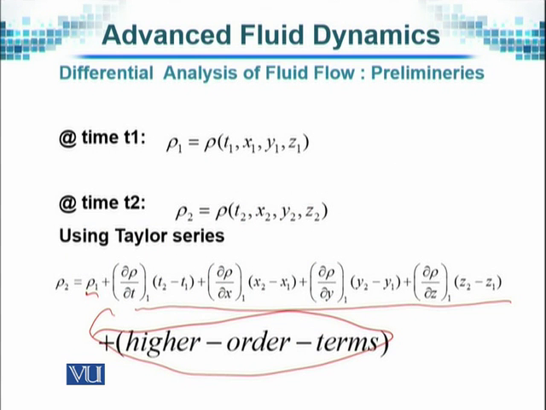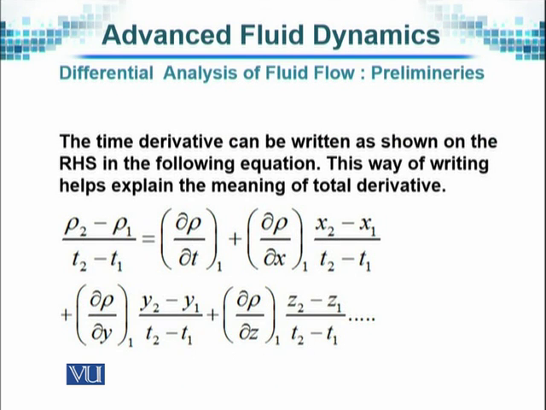What we have done is that for terms like x2 minus x1, y2 minus y1, and similarly t2 minus t1, taking a similarity, we are dividing every term with respect to time. Because if we are trying to see the change with respect to time, then in calculus, for an infinitesimal change, we take the small difference from one point to another and take the ratio between the two values at the two points being considered.